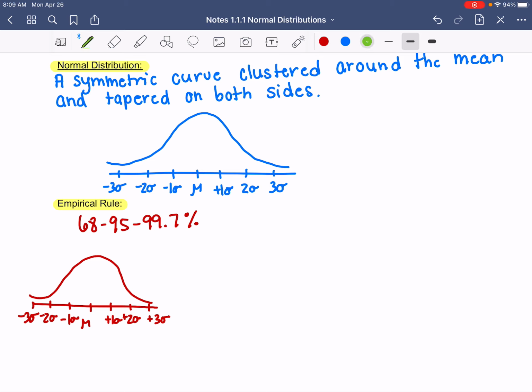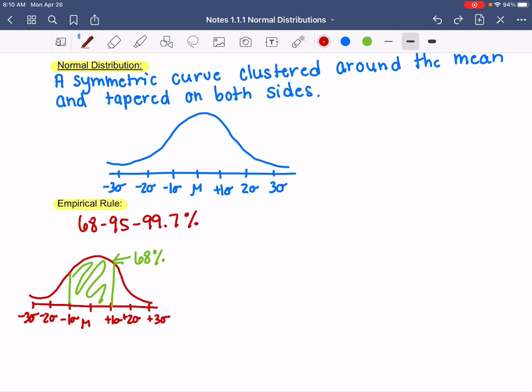In between -1 standard deviation and +1 standard deviation, this whole little area right here, that shaded area, 68% of your data lies in there. So hypothetically speaking, we had like a little dot plot like this. 68% of our data would lie in that little section right there. So that's what it means, is that 68% of our data is going to fall between 1 standard deviation above the mean and 1 standard deviation below the mean.